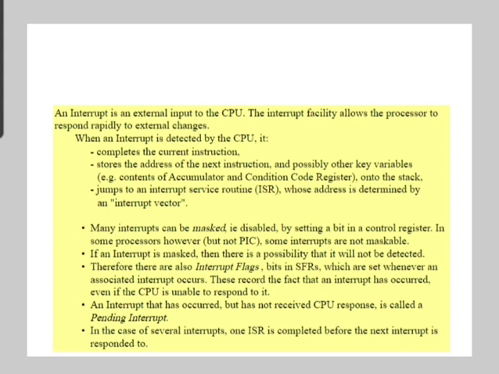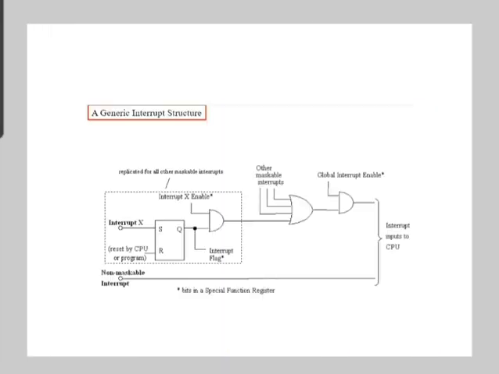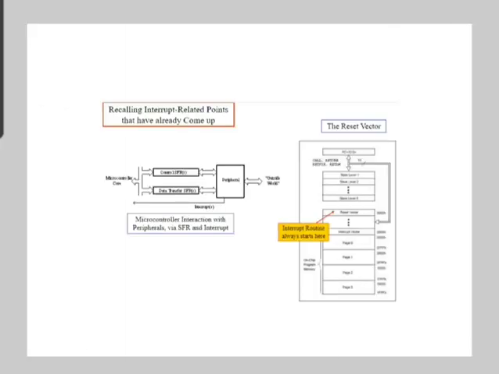An interrupt that has occurred but has not received the CPU response is called a pending interrupt. Then this diagram shows the generic interrupt structure. Here is a diagram recalling interrupt related points.